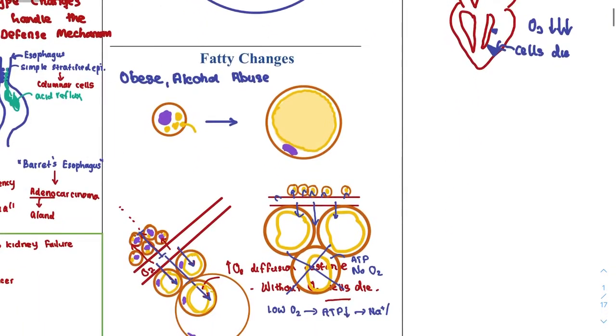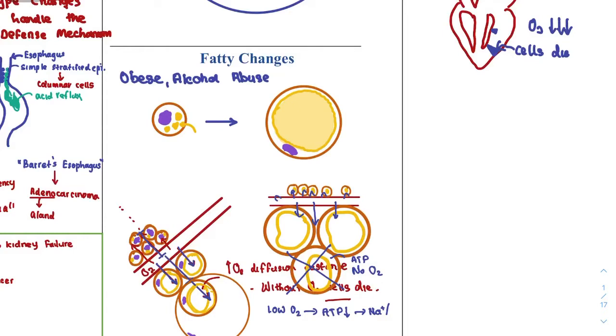Next is fatty change. This is what obesity is, what growing fat means. Our body has around 30 million fat cells. Those fat cells have a single globule, a fat droplet, a lipid droplet.